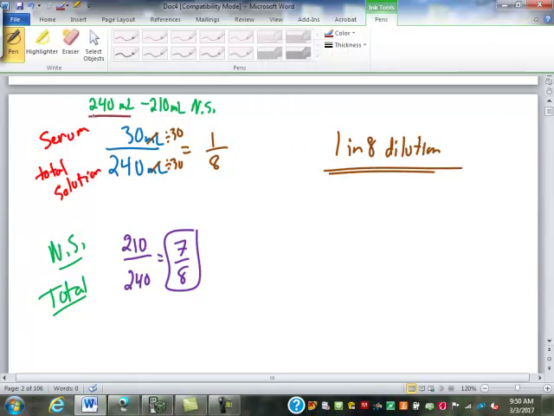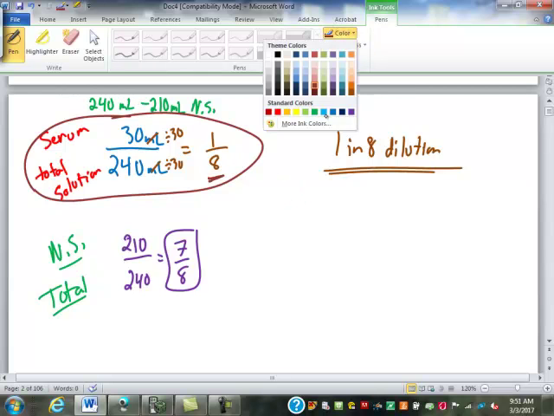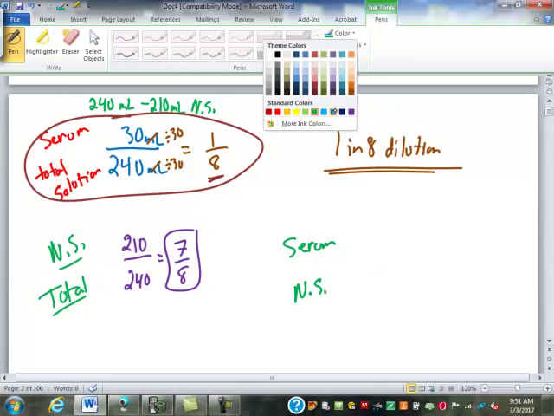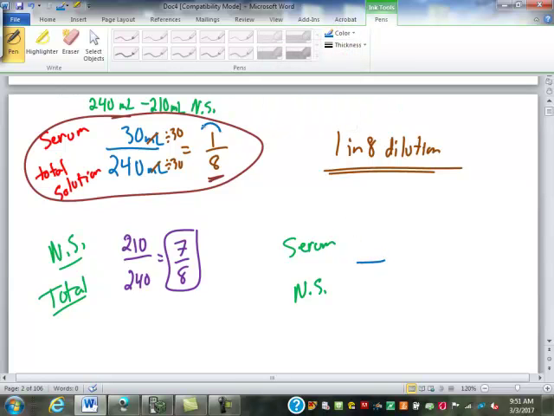Up here, of course, we did the serum to total, which was the 30 to 240, or the 1 in 8 ratio. There's also a ratio of serum to water. And of course here, we've got the 1 part serum. 8 minus 1 is the 7 parts water, which we could have got from this ratio as well. So there's the 1 to 7 parts of serum to saline.